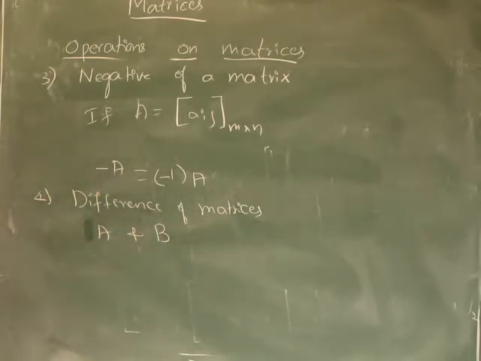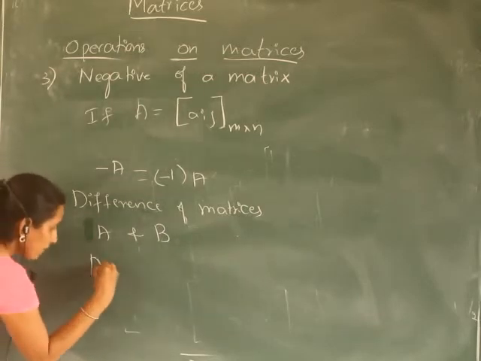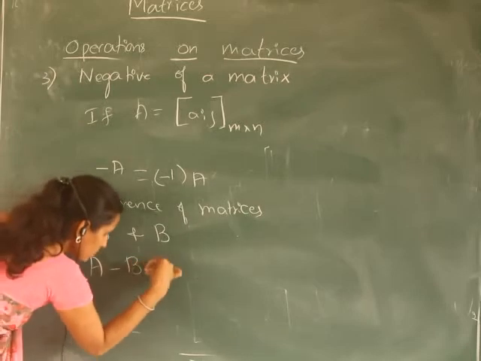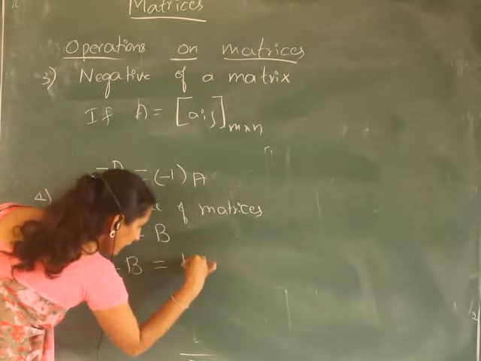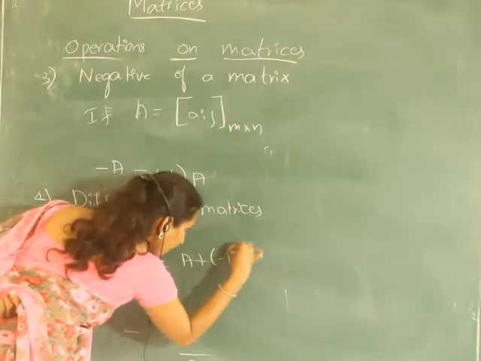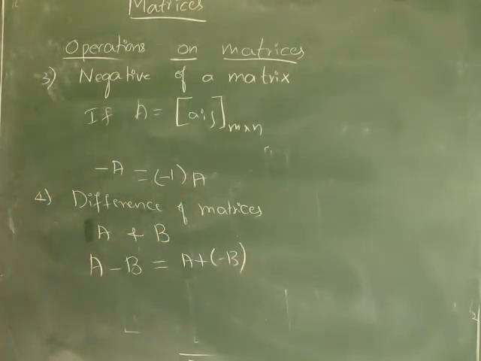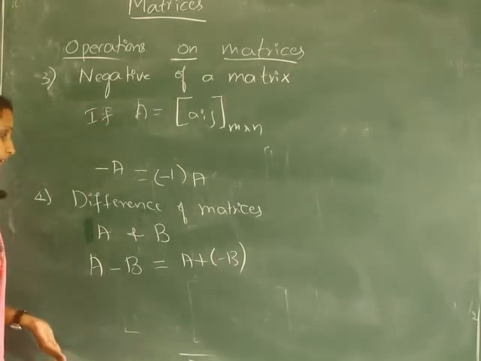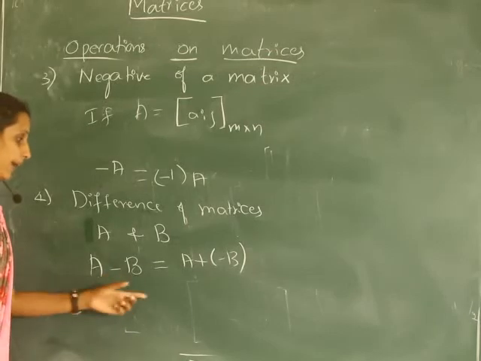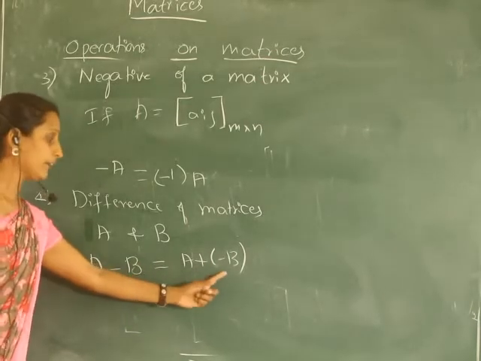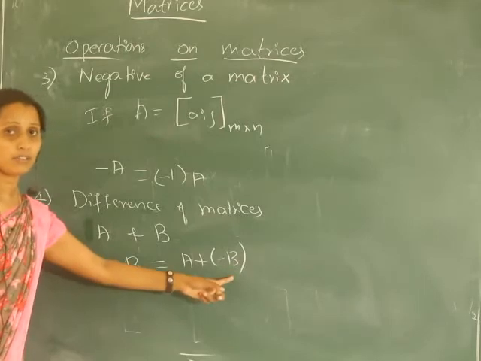If A and B are any two matrices, then the difference of the two matrices is A minus B. It is also obtained by A plus minus B. The difference of matrices is A minus B, or B minus A we can define. So A minus B will be A plus minus B.